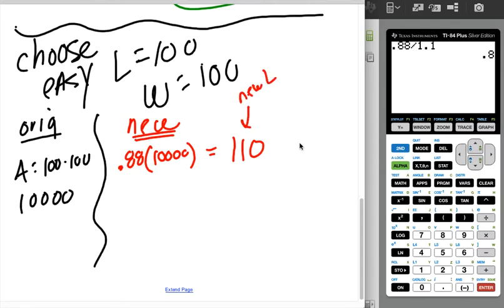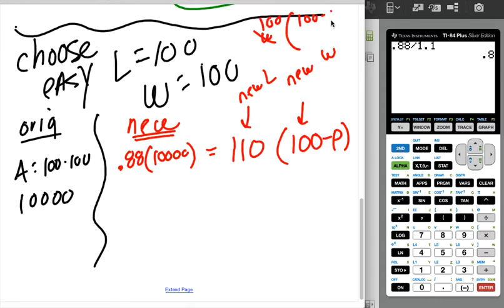And I decreased the width by p%, which essentially means I multiply by 100 minus p over 100. So my new width is going to be 100 minus p, because I would be multiplying the width, which we just said is 100, times the 100 minus p over 100, and so I just get 100 minus p.